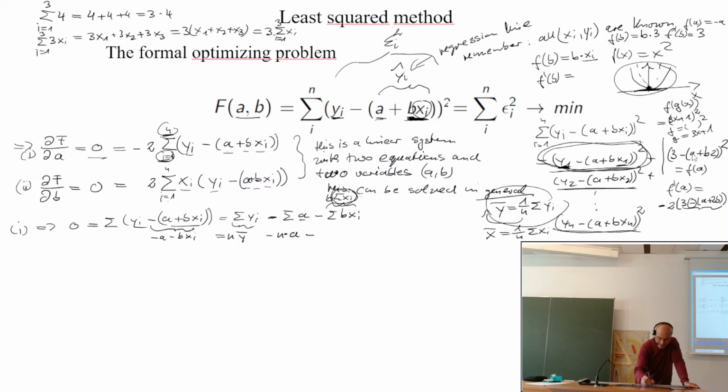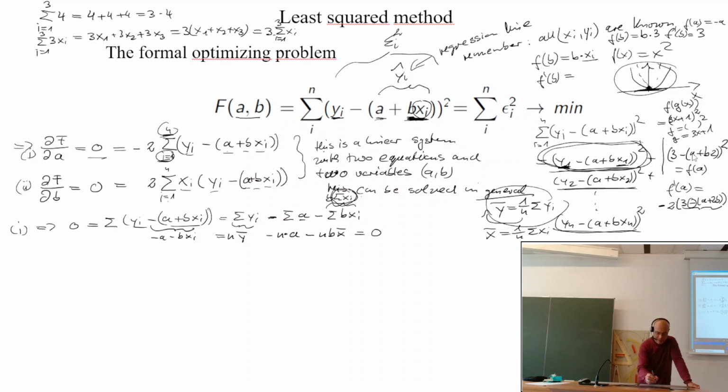So we obtain minus n times b times x bar, which is still equal to 0.